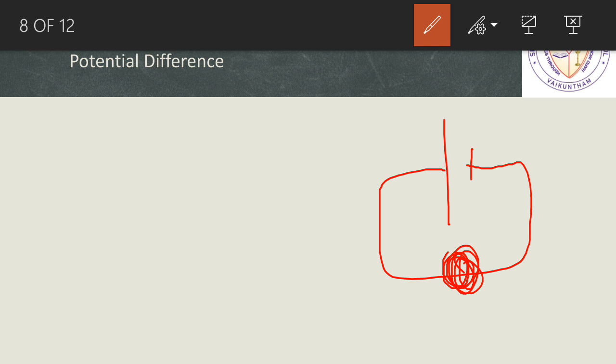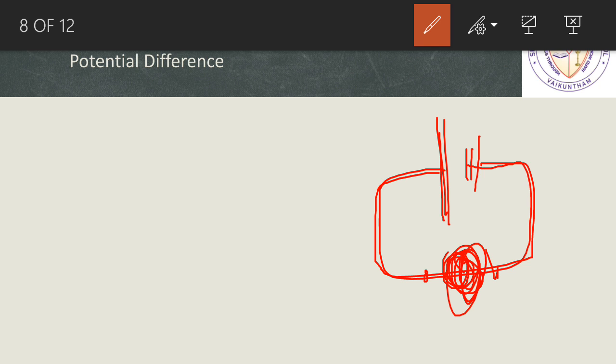So what actually happens when we connect the bulb over here? It is a closed path now, and we are giving one positive and one negative terminal to one side and the other side of this bulb.